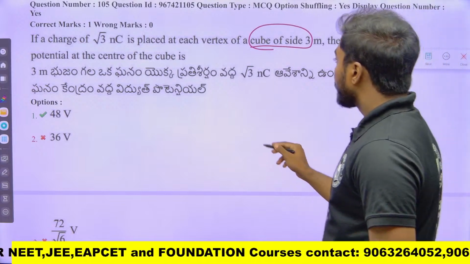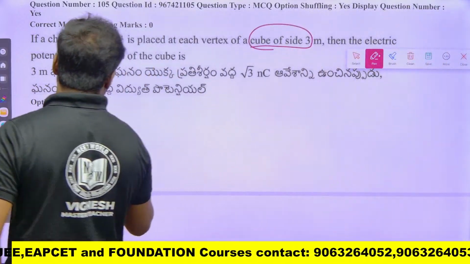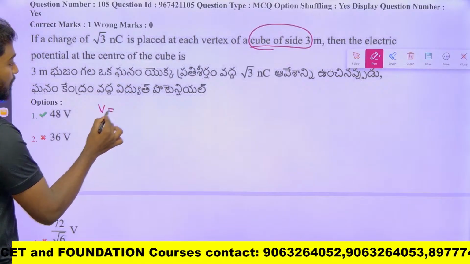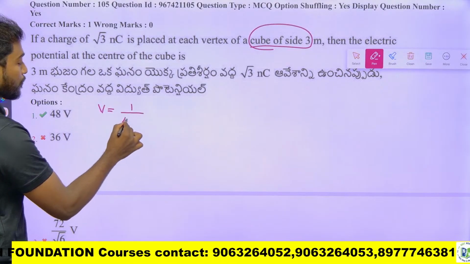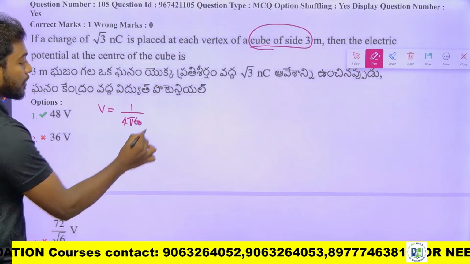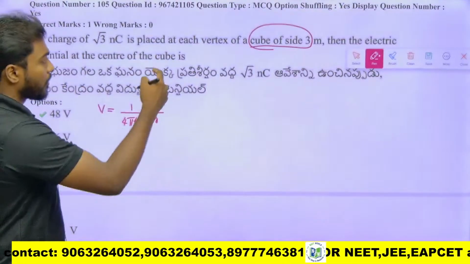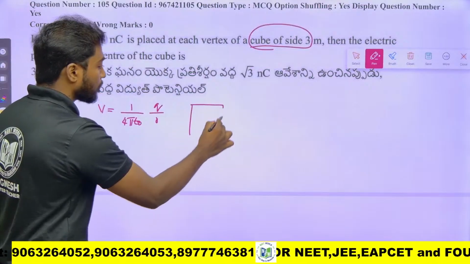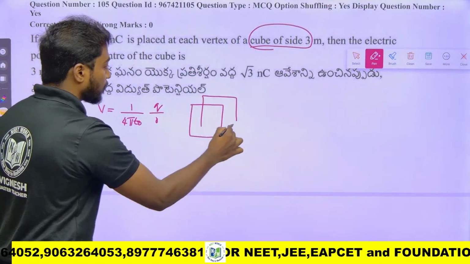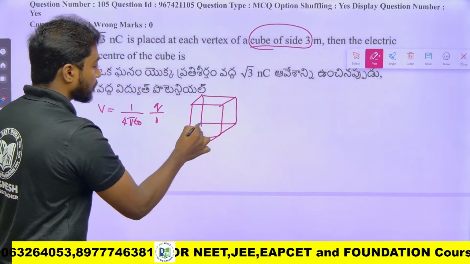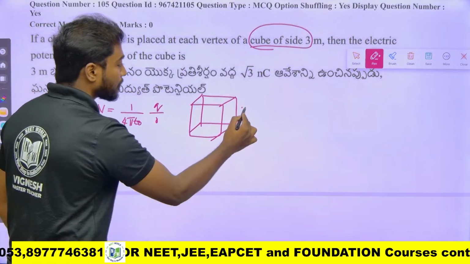So we know the potential formula, no? V is equal to 1 by 4 pi epsilon naught Q by R. What is given here? Cube, with each side as 3 meter.